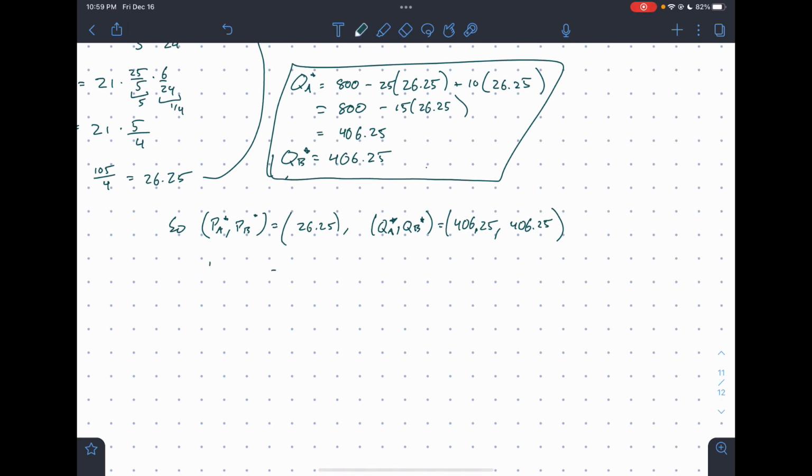So the total industry quantity Q star is 406.25 plus 406.25. So this is 812.5, I think. Yeah.